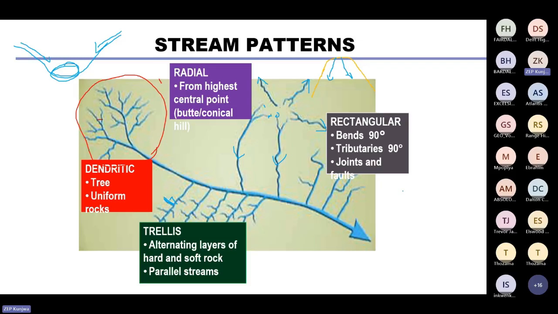Okay, and then we look at the rectangular one. The rectangular, we have the streams moving on an area that is called hard rocks, like your igneous rock, for example, is a hard rock. So we know that hard rocks, when they're breaking, they don't break like soft rocks. They develop cracks and joints.